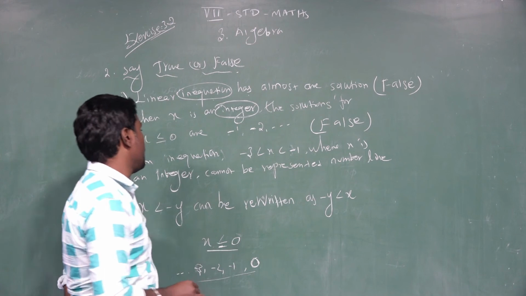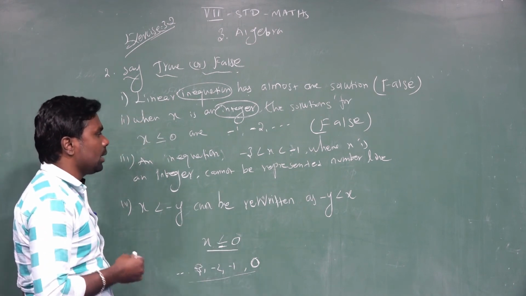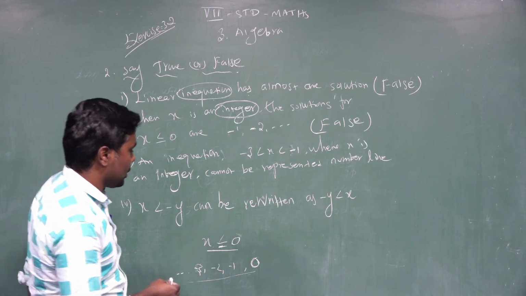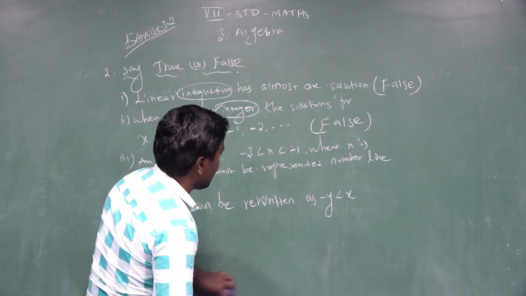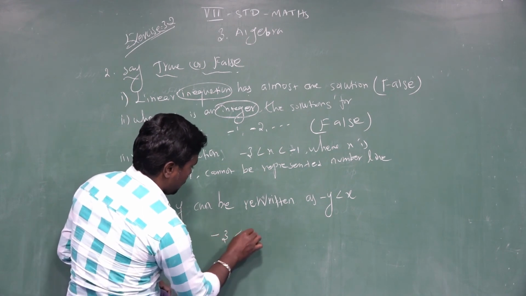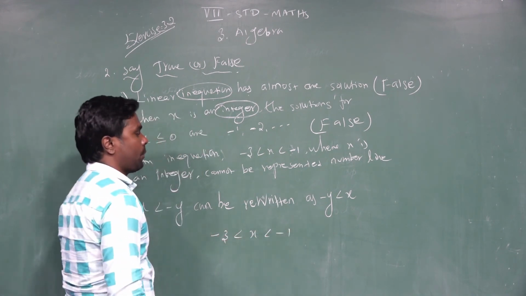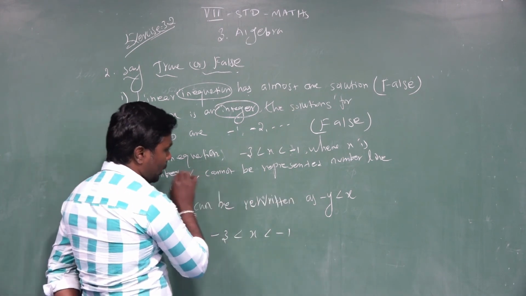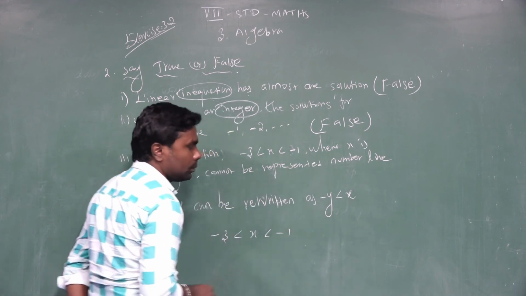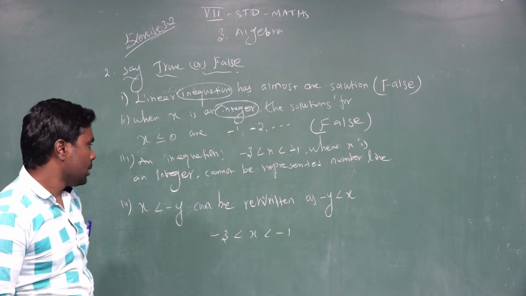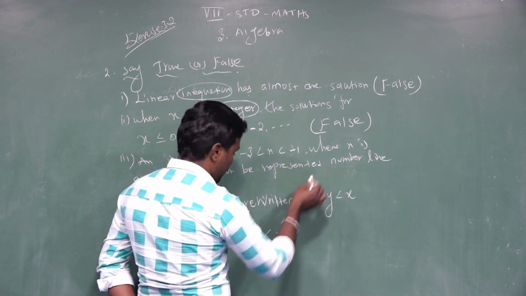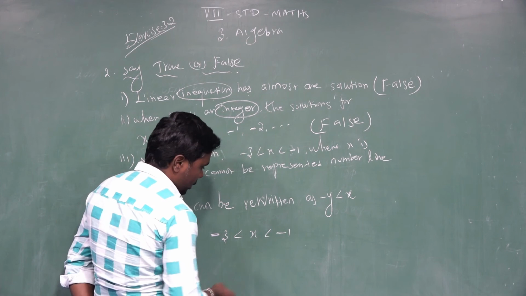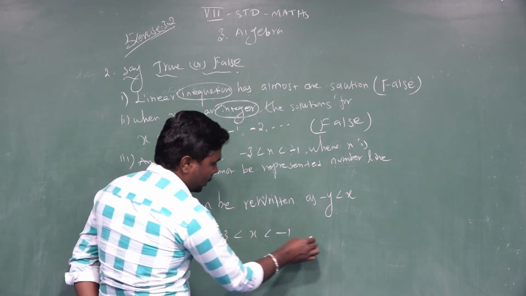Third one. The inequation minus 3 less than x less than minus 1, where x is an integer, cannot be represented on a number line. What is the number lying in between minus 3 and minus 1?